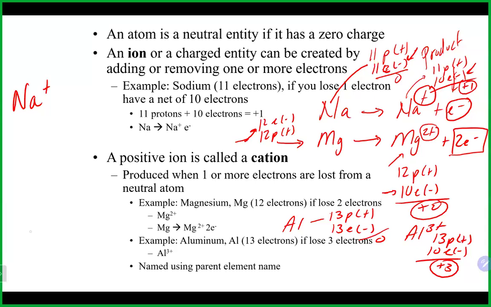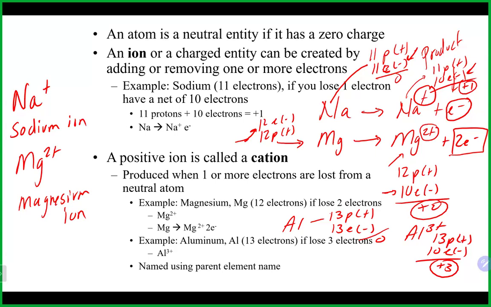And the way that we name simple ions, we just use the whole name. So this would be known as the sodium ion. If we had magnesium with a +2, this would be the magnesium ion. So if we have basic cations, which are typically metals, and we had to name the ion, we just use the whole name of the element and put ion at the end.